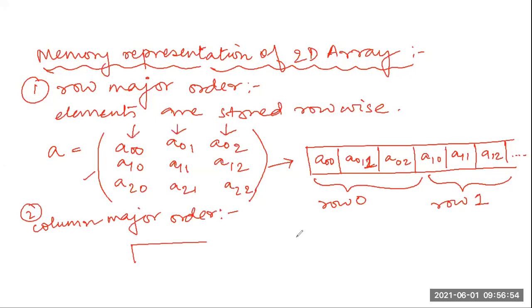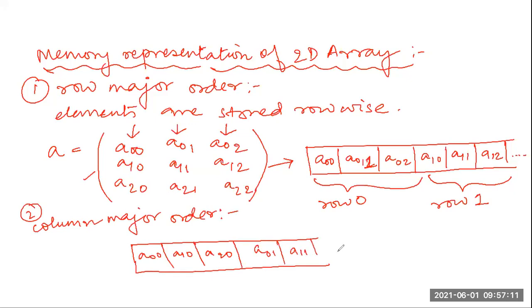Then in the memory it will be stored as A00, then A10, then A20, then A01, then A11, then A21, like this.